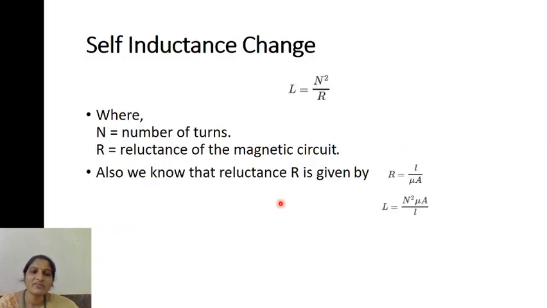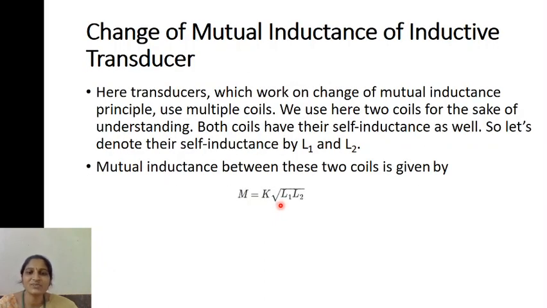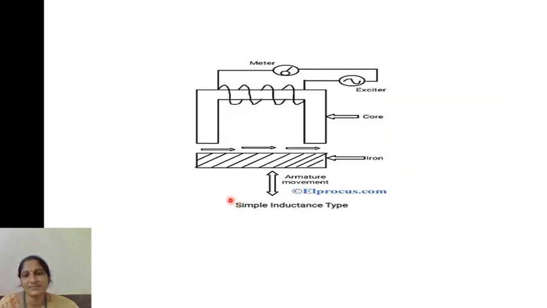The formula for mutual inductance is M equals K times the square root of L1 L2, where K is the coefficient of coupling, L1 is the self-inductance of the first coil and L2 is the self-inductance of the second coil. If you vary any of L1, L2 or the coefficient of coupling, you can measure the mutual inductance. This can be explained using this diagram.